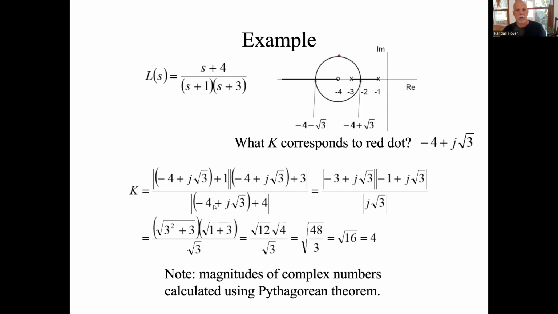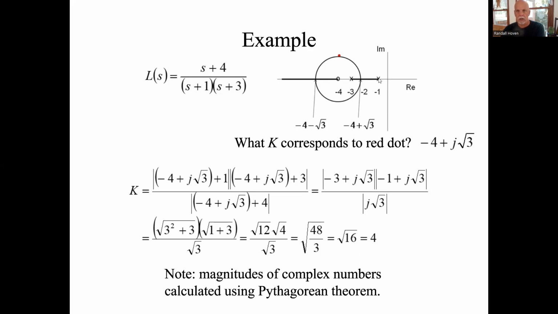And similarly here, the -4 cancels the 4, and it's just j square root of 3. How do you find the magnitude? Pythagorean theorem. It's going to be the square root of 3 squared plus the square root of 3 squared, and so on for each term, and then the square root of that whole thing. You do all that arithmetic and you end up with the number 4.